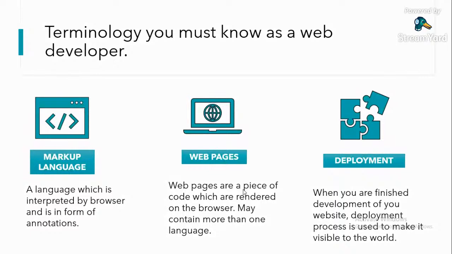So deployment means putting your website onto the server. You would learn how to deploy and showcase your work to the world, and that too for free. You can host your websites for free and show the interviewer, see, I have developed this website. So we would be doing that.